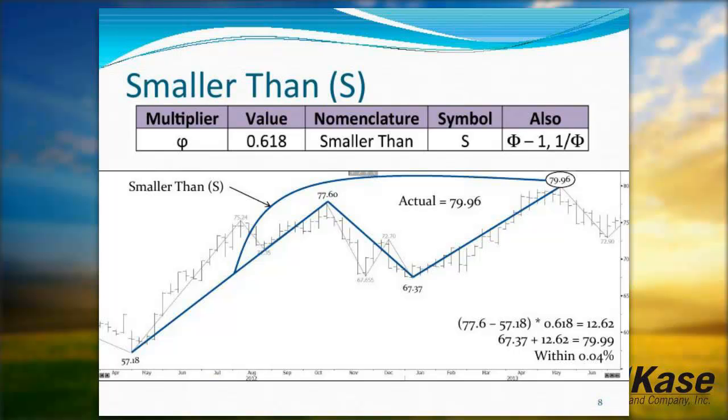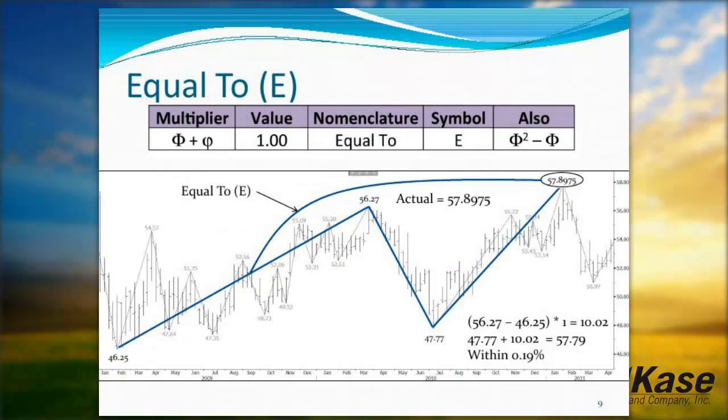I will then add that to 67.37, which gives me a projection of 79.99, and the actual swing high that was made before we had a significant pullback was 79.96. So this wave met the smaller than target within 0.04% of price. All right, so very, very close.